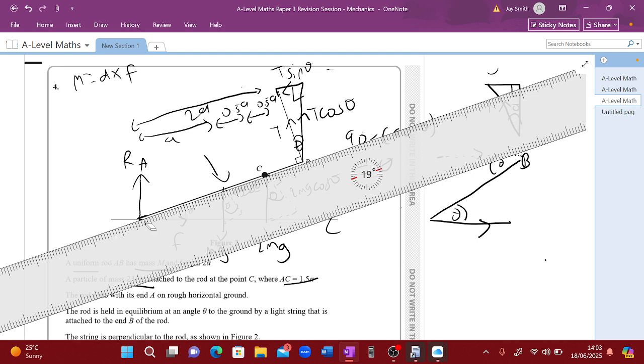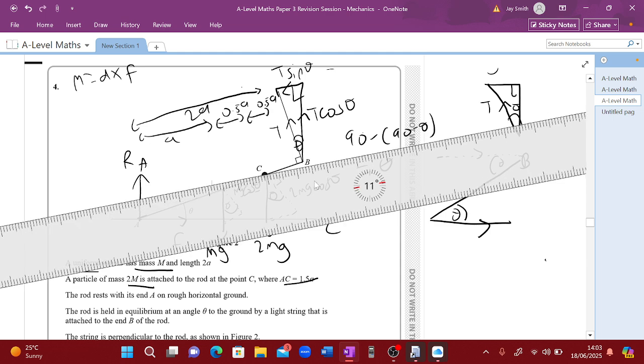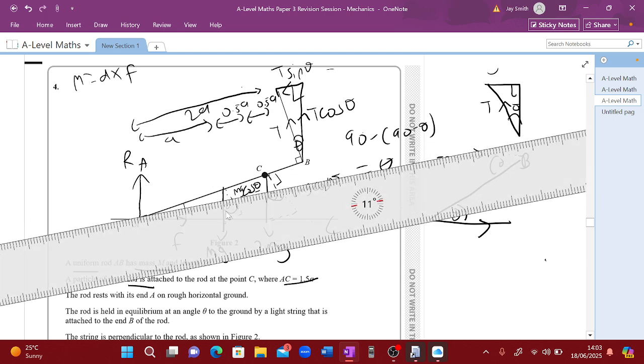What's going to happen to the ruler? The ruler is going to tilt clockwise, isn't it? It's going to go this way if we keep pushing the ruler down here. Hopefully you can see it's being pushed clockwise.